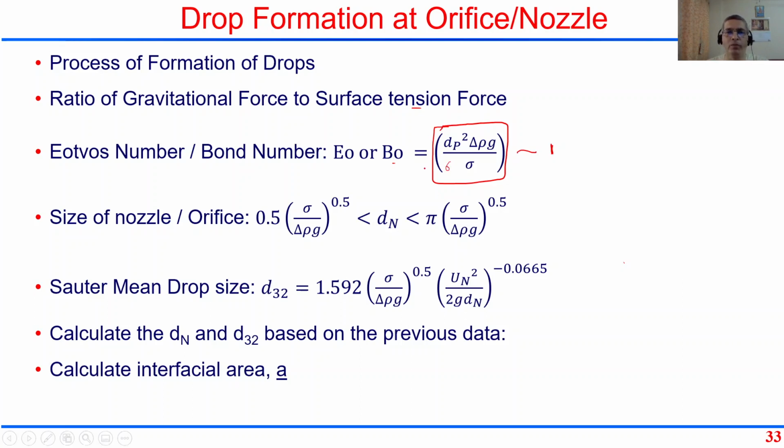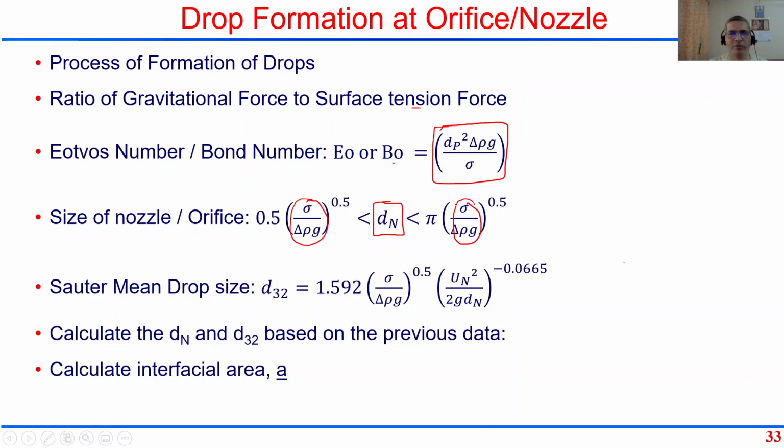So one of the ways in which people recommend a size of a nozzle is so that the gravitational force and surface tension force ratio is around 1.